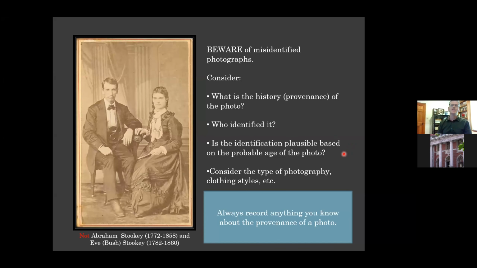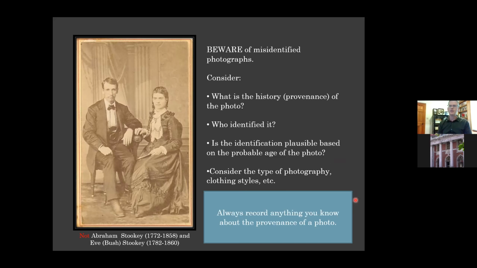And so you want to consider the type of photo it is, the dress of the people in the photo, the hairstyles, all those types of things. There are some great books out there about how to identify photos and the ages of photos. Maureen Taylor has a lot of books like this, and I have a list in the handout too, so you can check those out.